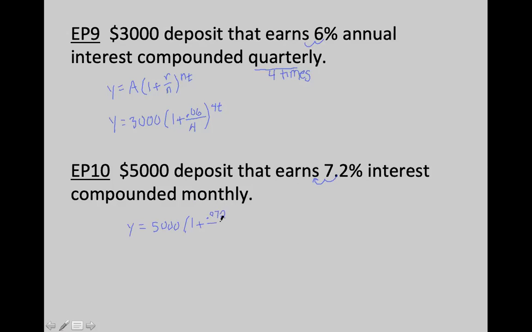This time it's compounded monthly. How many months are there in a year? There are 12, so this turns into a 12. And our exponent is 12 times t, where t is the number of years, and we don't know what that is. They haven't asked us to calculate it. They're just asking us to write the equation.